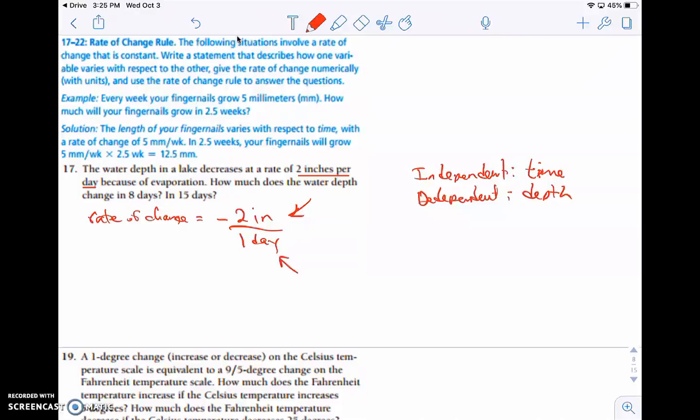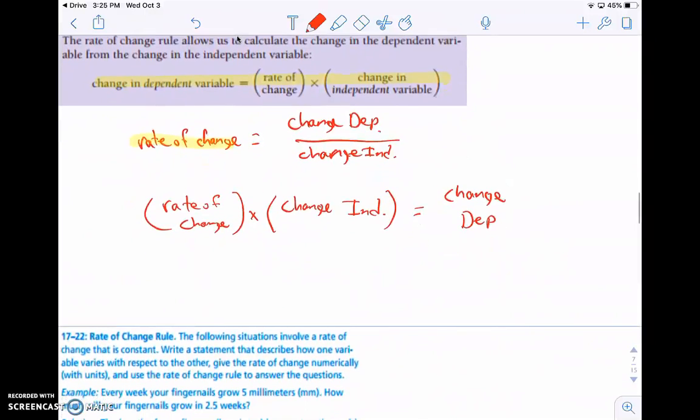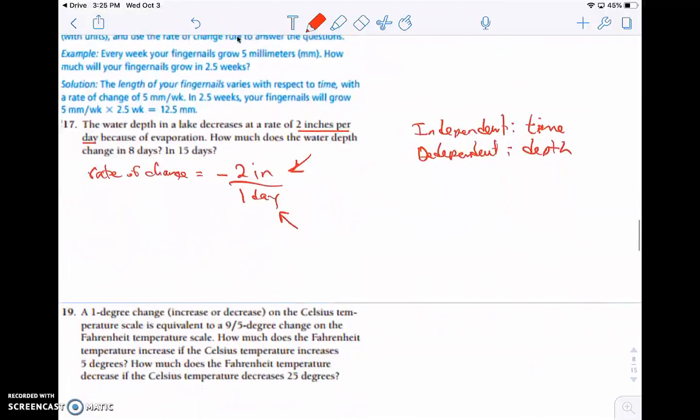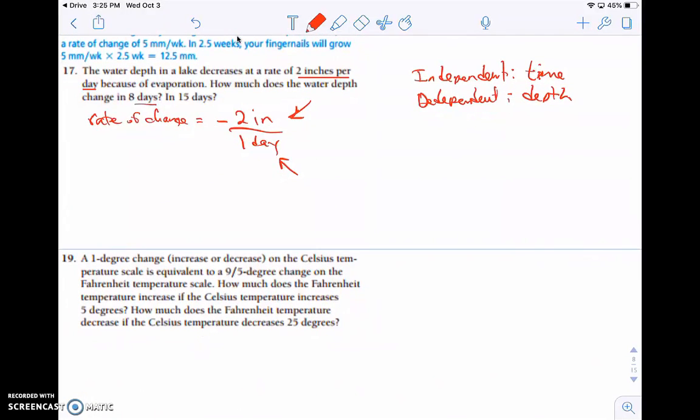We're going to take our rate of change to find how much we decrease our water depth. Again, we're going to just take our rate of change and multiply by the change in the independent variable, which is in this case going to be 8 days and 15 days. So after 8 days, this is a decrease of 2 inches for every 1 day.